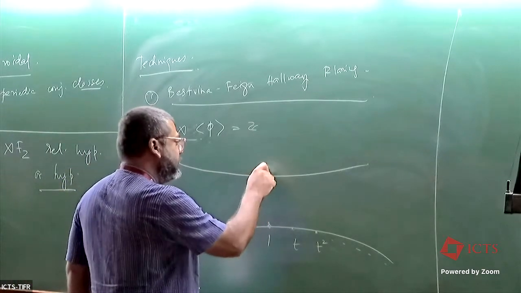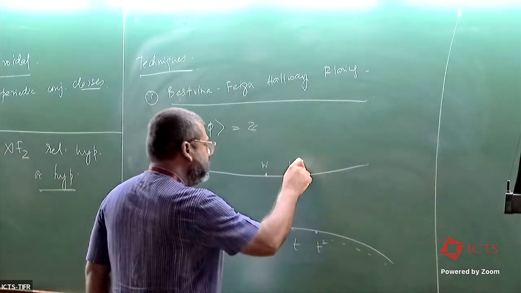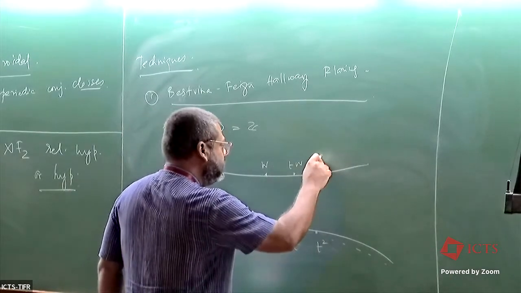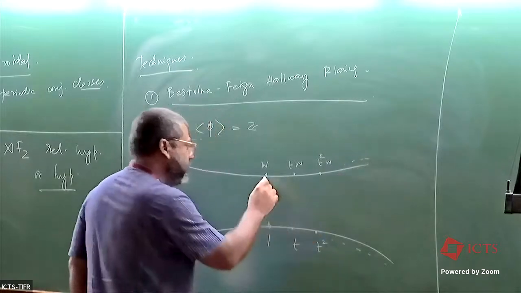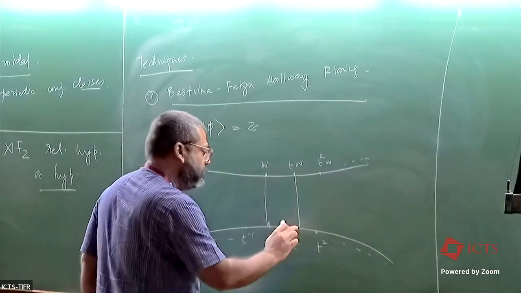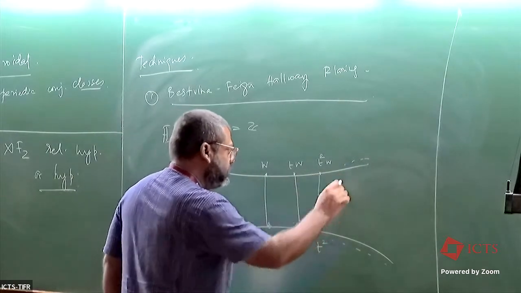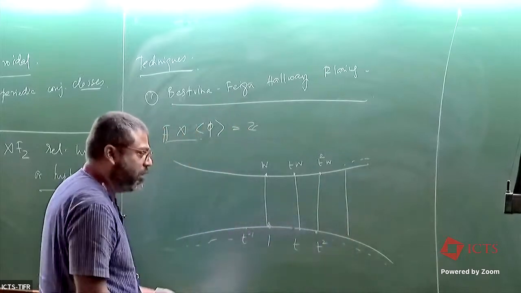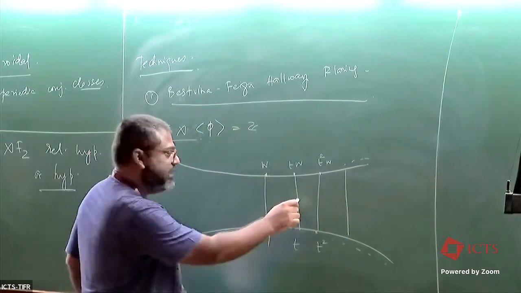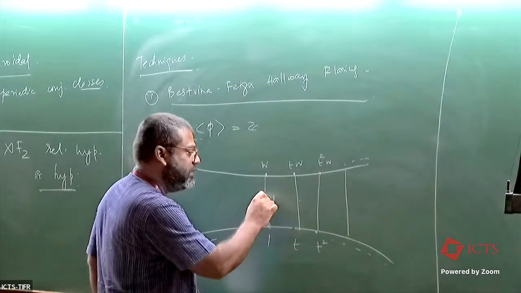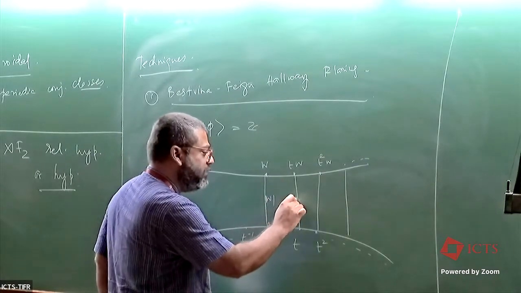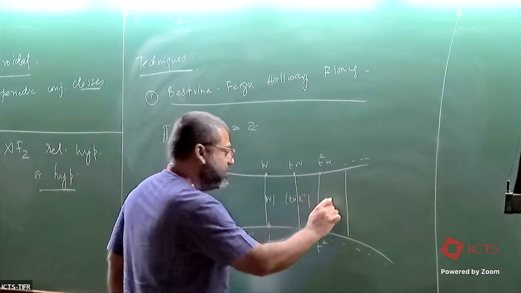And here you have W. So what are these lengths here? Then this length is simply this, and then you have T W T inverse, and so on and so forth.